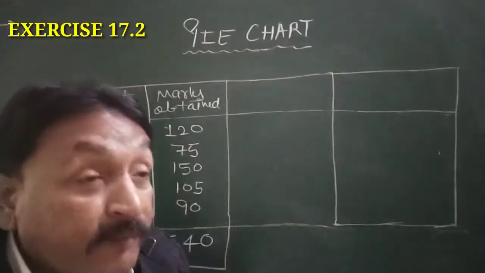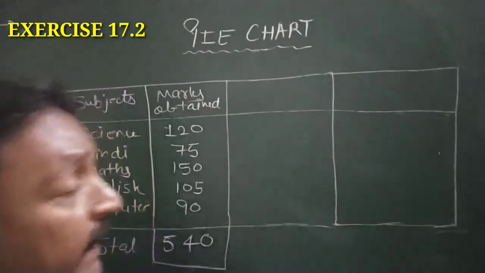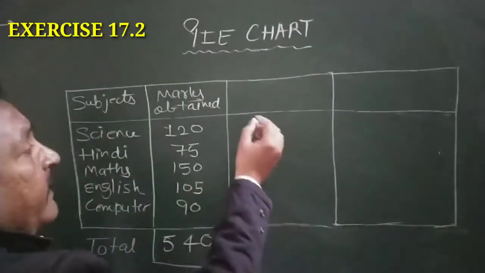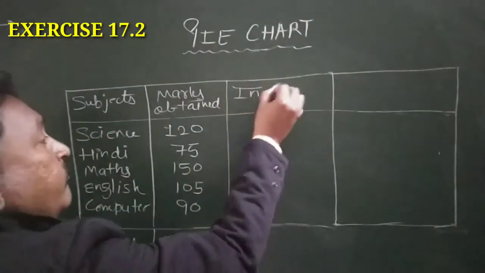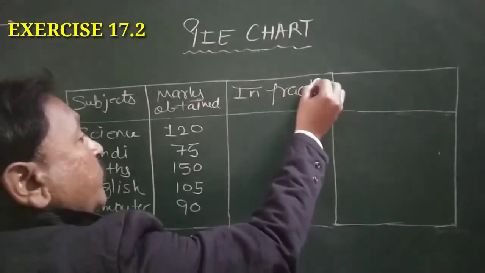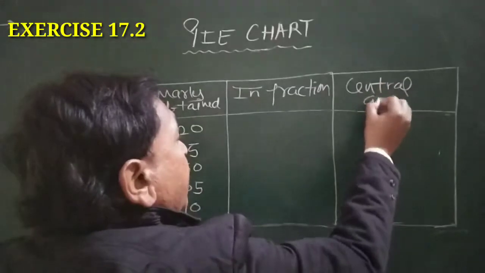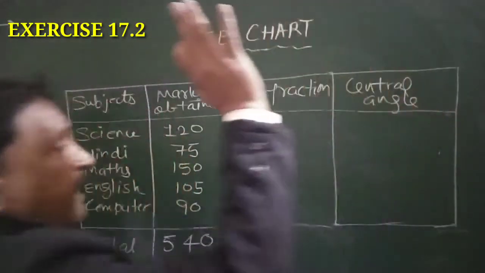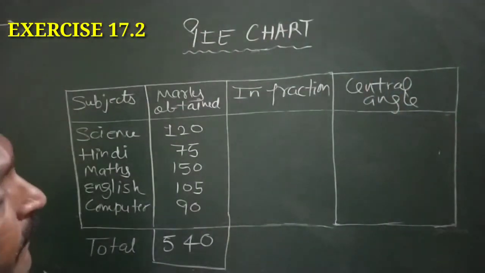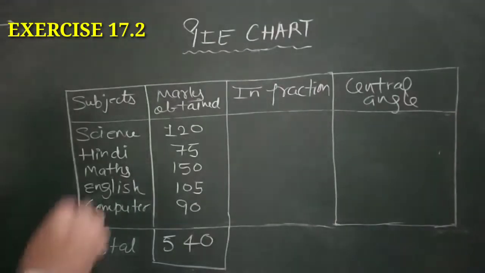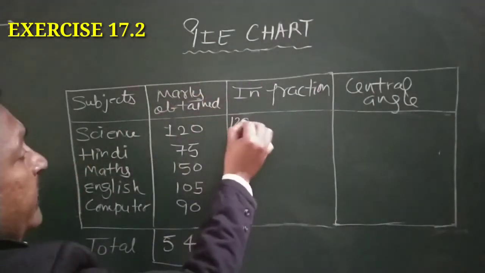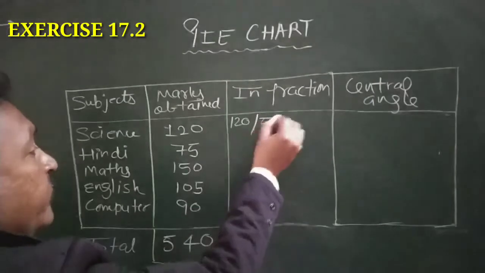Now I have made two tables here because for making the pie chart we have to find out the central angles, and for finding the central angles we need to first convert the values into fractions, and then we will get the central angle. By the help of this angle we will be able to draw our chart. So in fractions, it means 120 divided by 540.